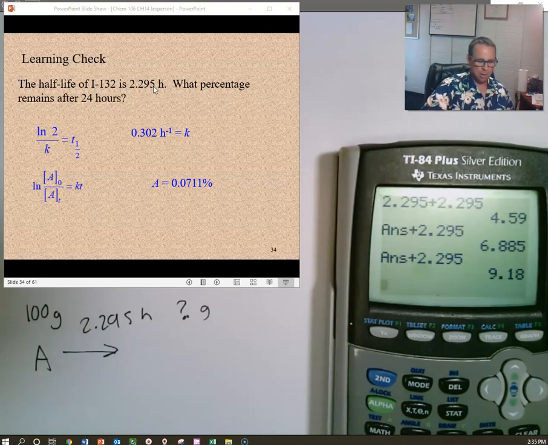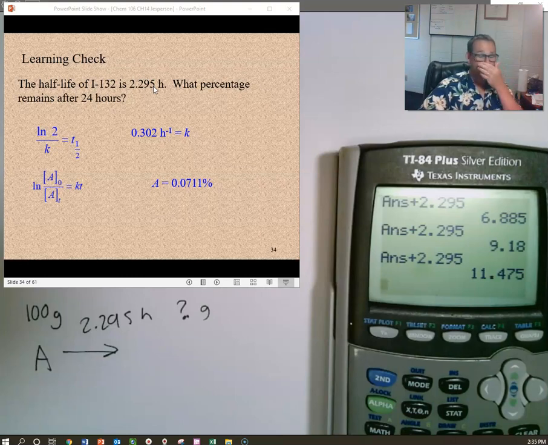How about the next half-life, 11.5 hours? 3.125. I'm going to have about 3-point-something grams. Where should we be if we get to 24 hours? How many grams did we say we're going to have? Should be 0.07, right? Right.